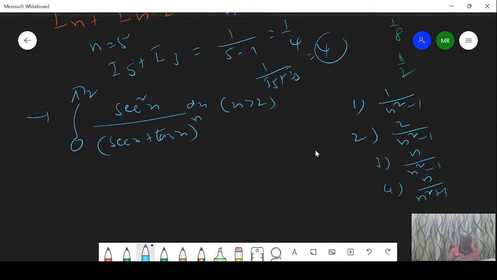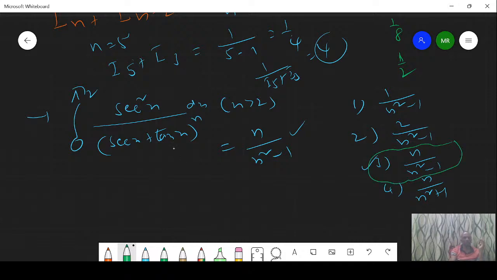Always the formula here, the answer is n by n square minus 1. You can remember this: n by n square minus 1.